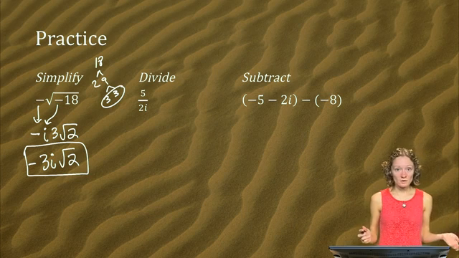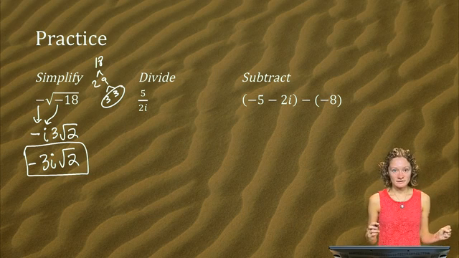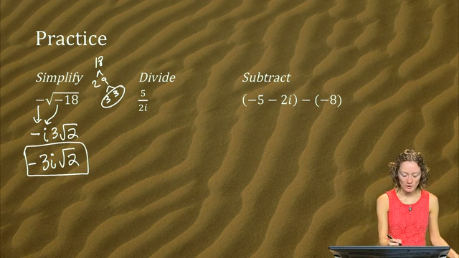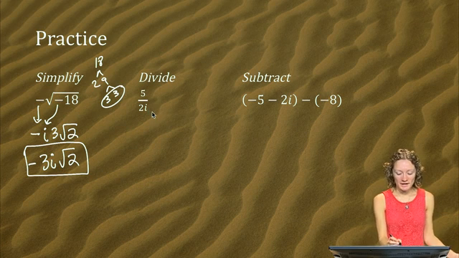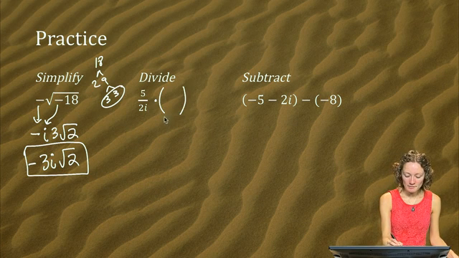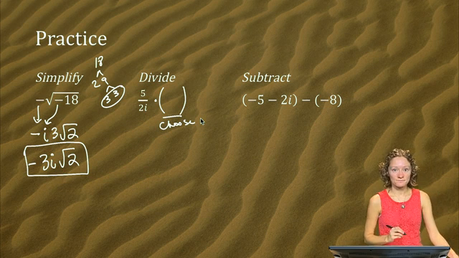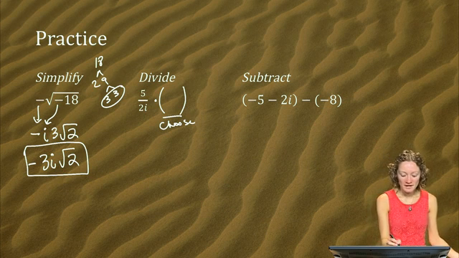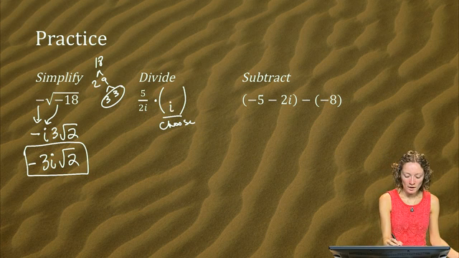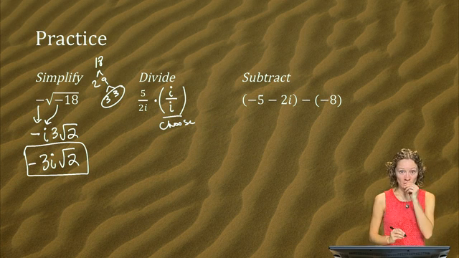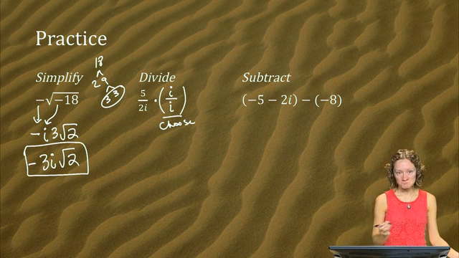Remember, the ultimate goal is to just not have the I, the complex piece, in the denominator anymore. So what can you multiply in? What can you choose to multiply in, top and bottom, so that the I will go away? Well, you have this nice feature that I squared is equal to -1. So if we multiply another I in, top and bottom, we'll have an I squared on the bottom, and it'll go away.